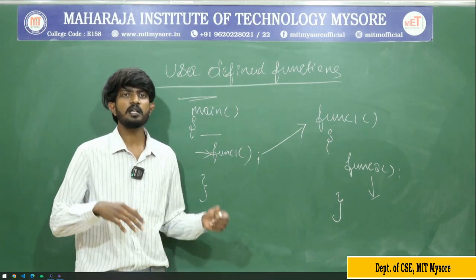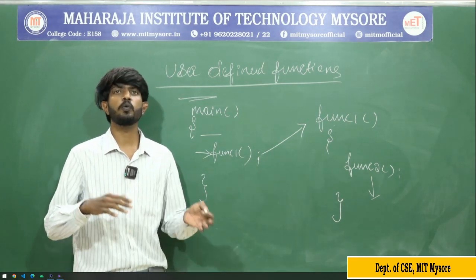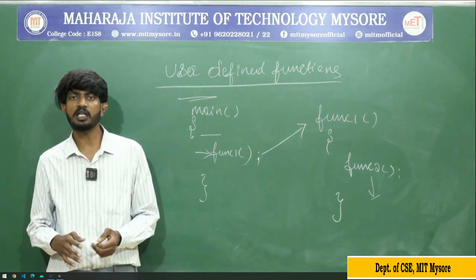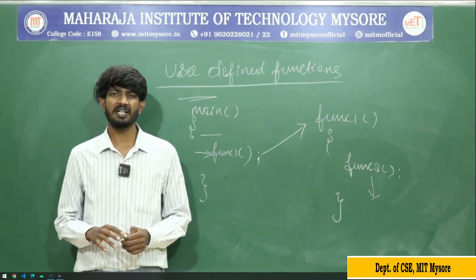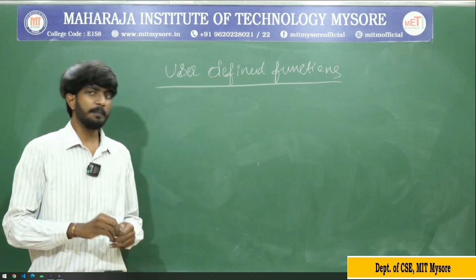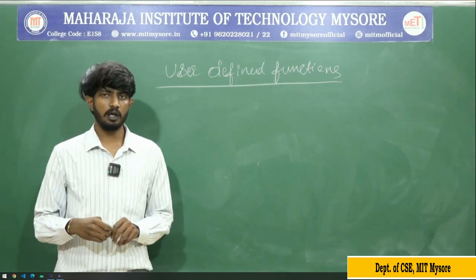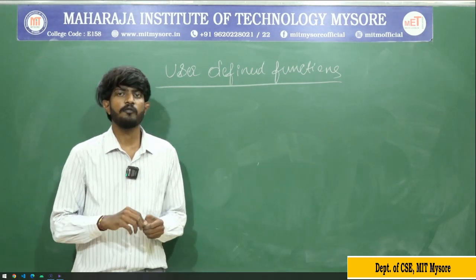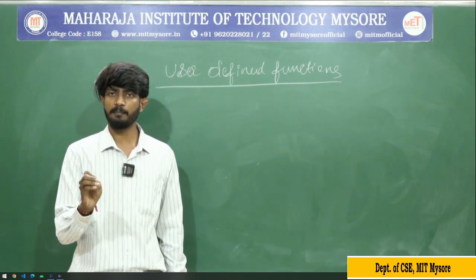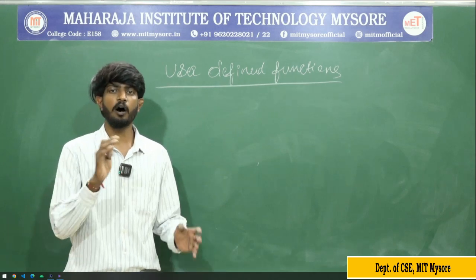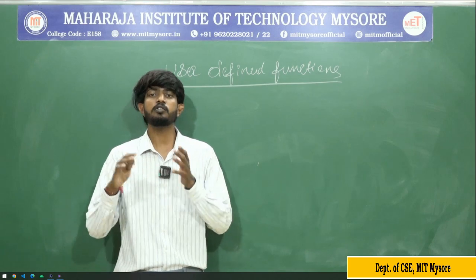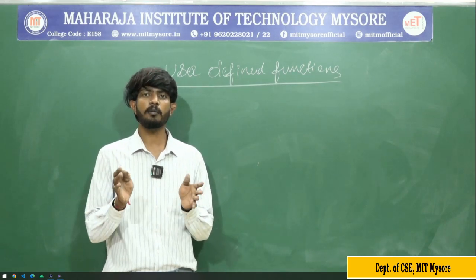To create one user defined function there are 2-3 simple steps, which I will explain. First, you need to give the return data type of that function. One function should return some data, and that data should be of a certain format.